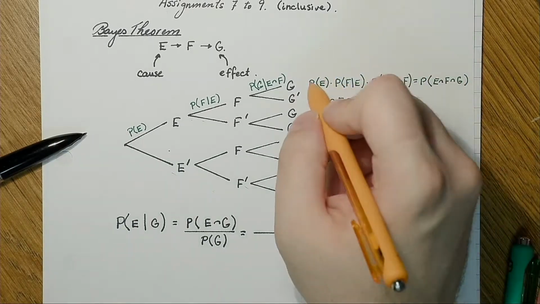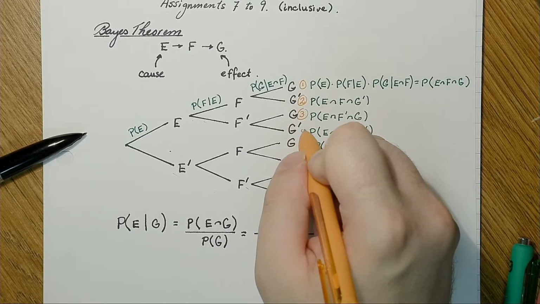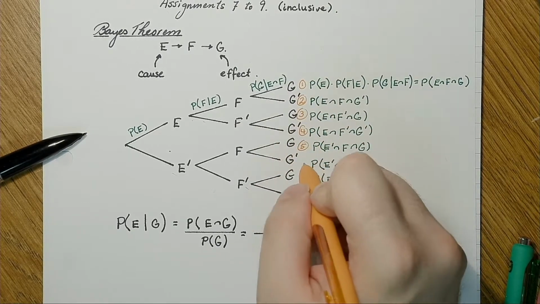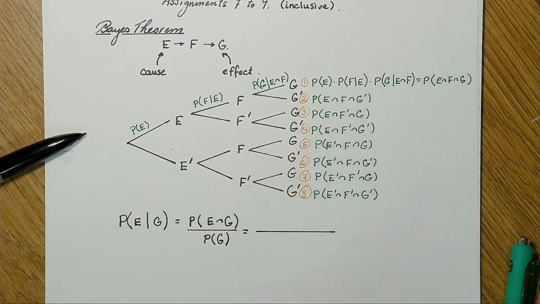There's branch 1, 2, 3, 4, 5, 6, 7, and 8.